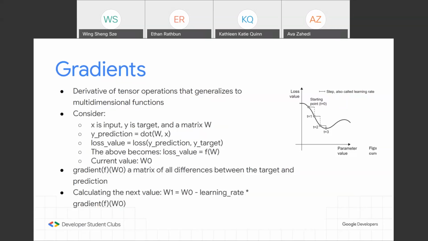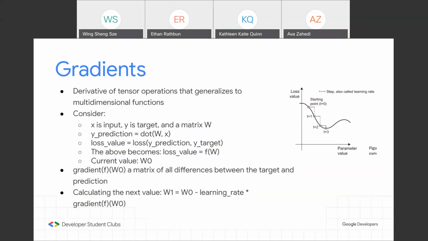The prediction value is what you'll calculate using built-in dot product functions. The loss is the difference between the actual target values and the prediction values. And you'll always start off at your initial weights, so weight zero, or weight underscore subscript zero.